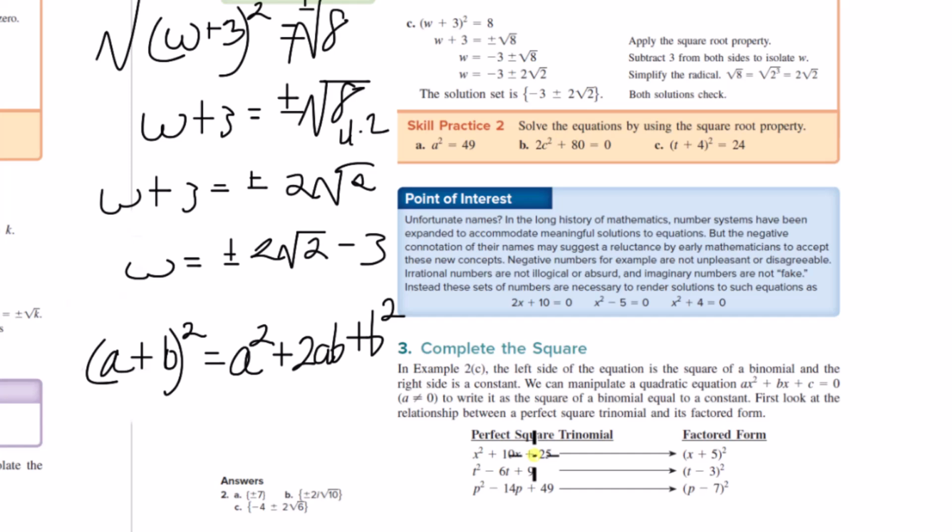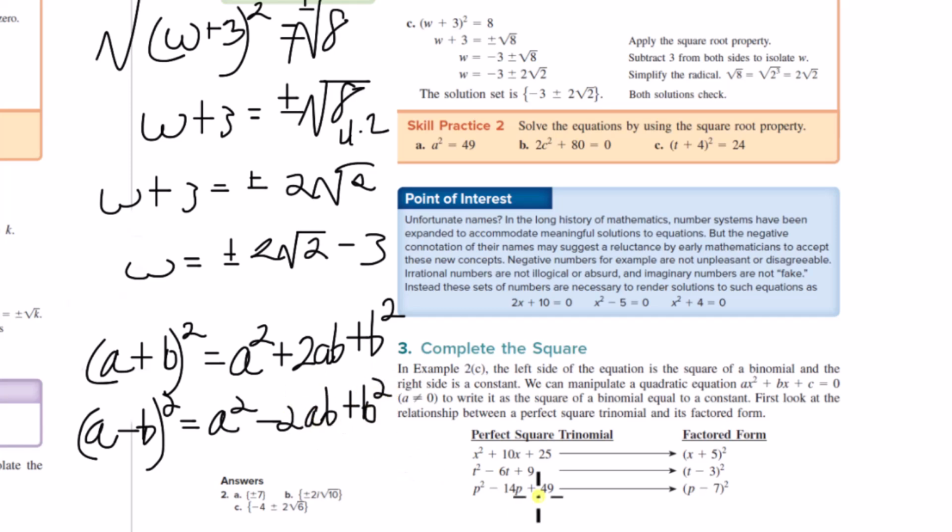Okay, and so they show some examples here, like x plus 5 squared or t minus 3 squared or p minus 7 squared, like you could have a plus b or a minus b. And a minus b squared was a squared minus 2ab plus b squared. They show some different expanded forms of these different binomials squared.